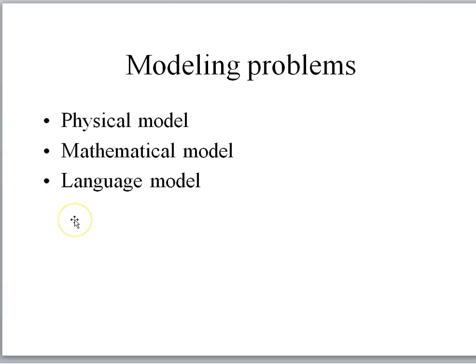So when we're modeling problems, we're going to start with a physical model. We're modeling something in the real world. In order to model that, we have to come up with mathematical models, so we'll have circuit elements that we can use to represent how that physical model will behave. So we'll model that mathematically with circuit elements, but we also then want to have our language model.